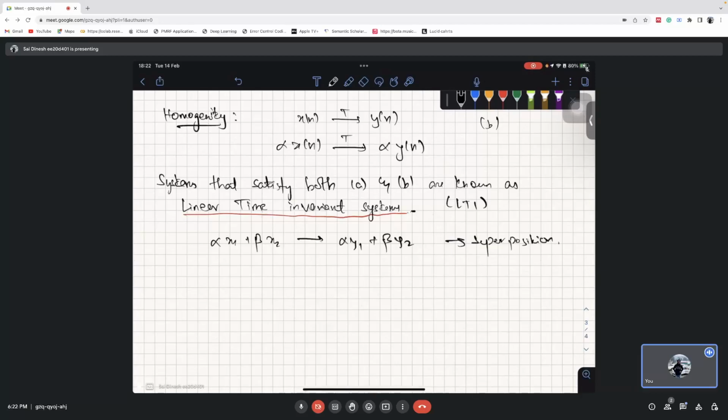This is a very desirable property that makes LTI systems very easy to analyze. Complete characterization of LTI systems is done using a convolution sum, which we'll get into now.